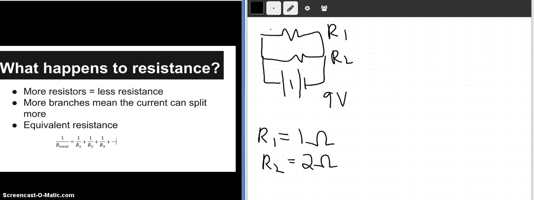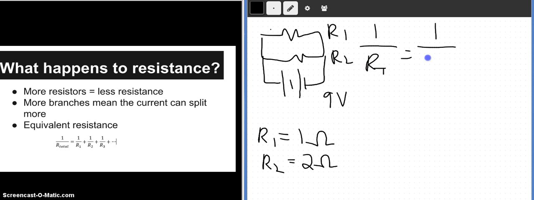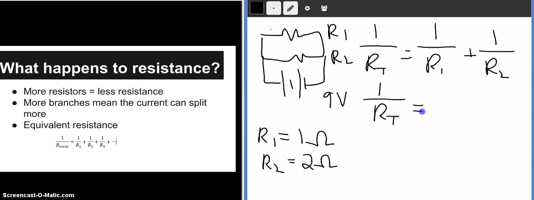Okay, so what does that look like in an actual problem? Well, let's take a look. 1 over RT equals 1 over R1 plus 1 over R2. So 1 over RT equals 1 over 1, because that's resistor 1, sorry about that big smear, plus 1 over R2, which is 2.